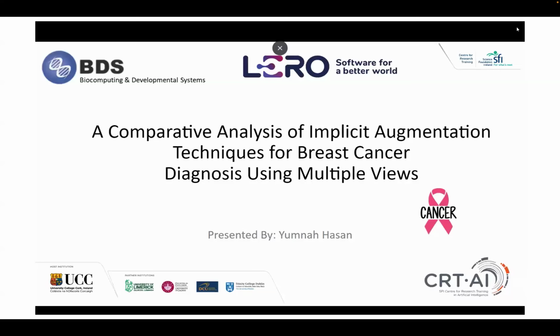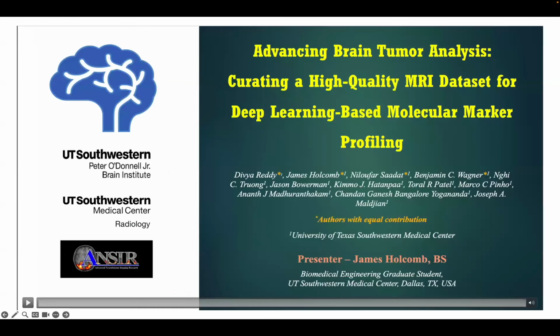Next presentation will be given as a video, and the paper name is Advancing Brain Tumor Analysis, Curating a High-Quality MRI Dataset for Deep Learning-Based Molecular Marker Profiling by James Ho.